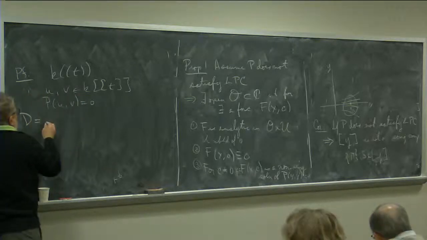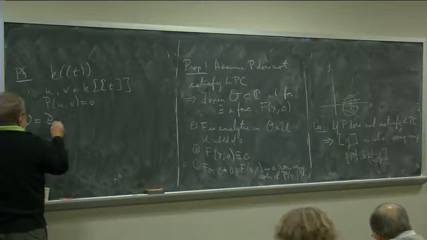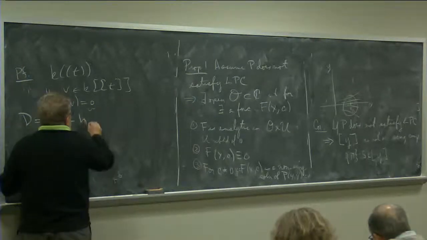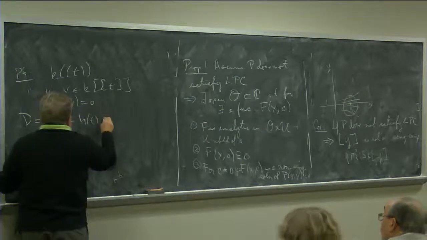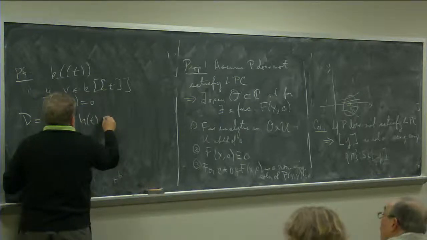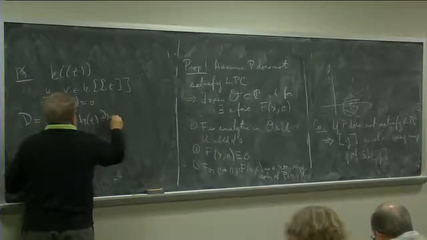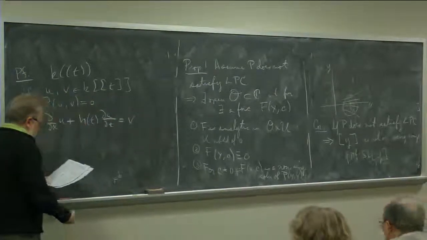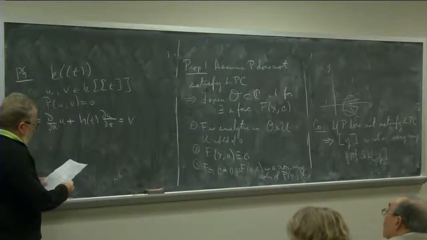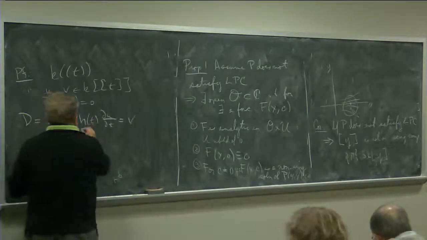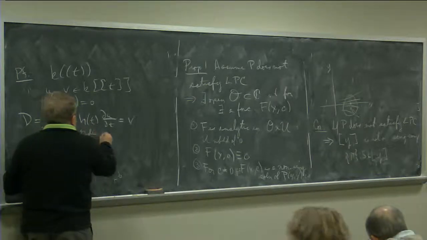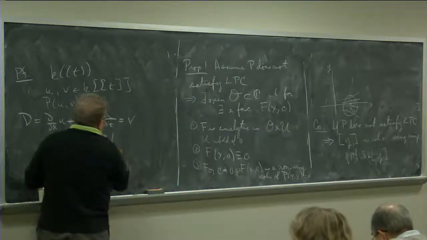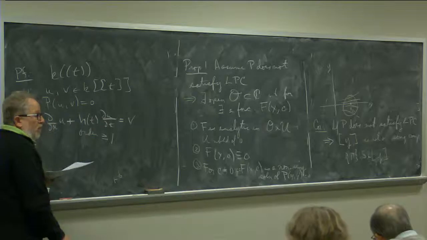I have a derivation. D was d dx. h, this is h of t. du dt is v. And the order is bigger than or equal to 1. It's bigger than 0.